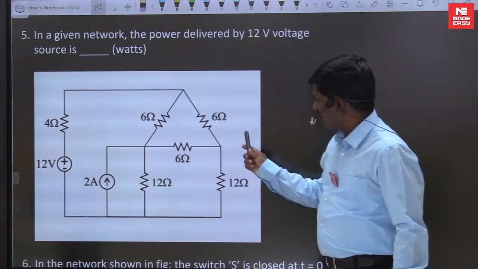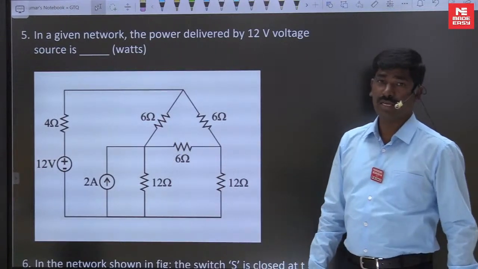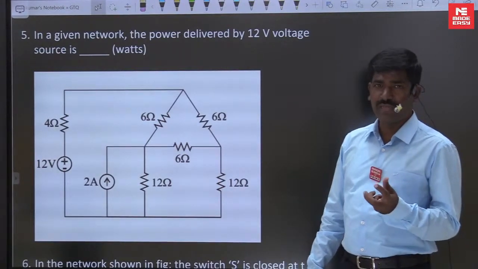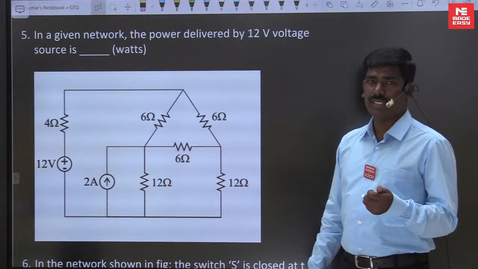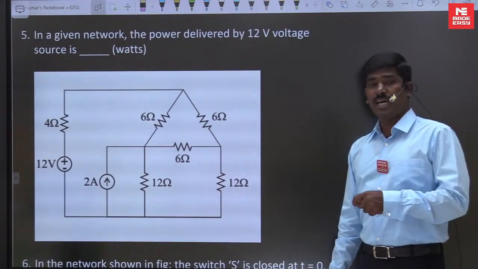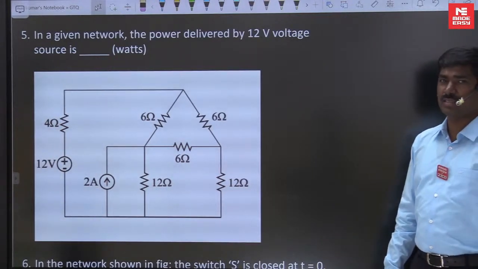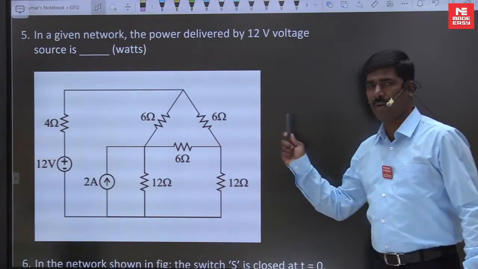So first you have to convert this delta to star, then minimize it into 2 equations. You are using mesh analysis. In this case you are using delta to star, source transformation and mesh analysis. These 3 concepts are used in this problem.